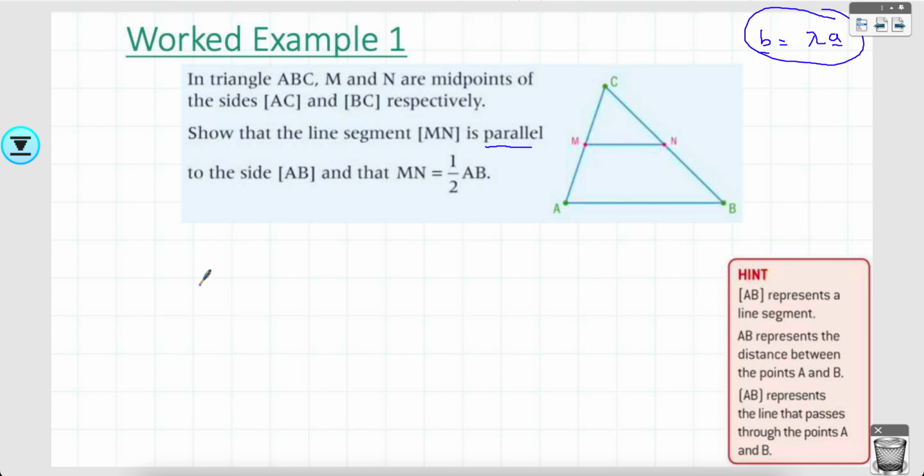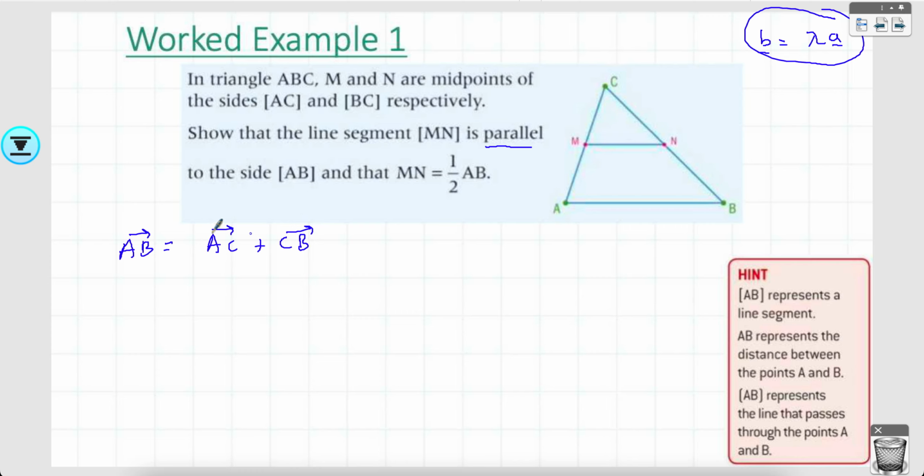So let's say I'll define the vector A to B as being A to C plus C to B. Not quite needed, but we can approach that.